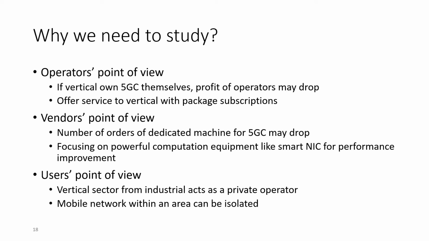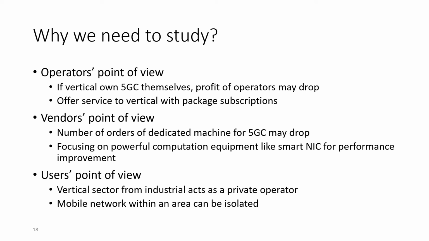If an operator wants to overcome this issue, they should offer service to verticals with a package of subscriptions. From the vendor's point of view, the number of orders of dedicated machines for 5G core may drop, because the vertical can simply buy commodity equipment to install the 5G core network, with no need to purchase a dedicated machine from Nokia or Ericsson.